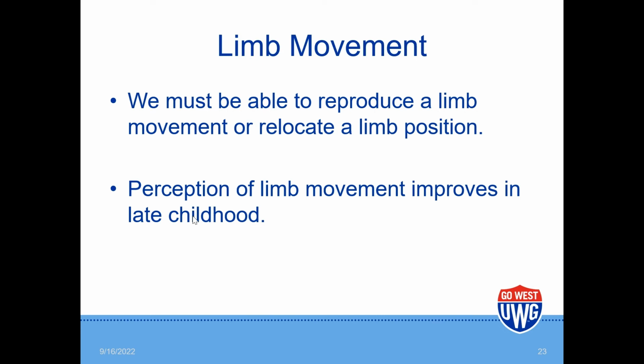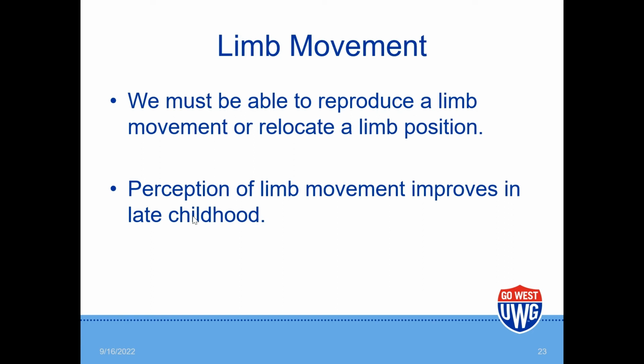You're doing this even if you're not physically active or thinking of running or sports. You reproduce a limb movement every time you write. You're reproducing how you make an E or an A every single time, starting in the same position, and you tend to hold your pencil the same way every time. Our perception of limb movement improves in late childhood, and we get better at it.